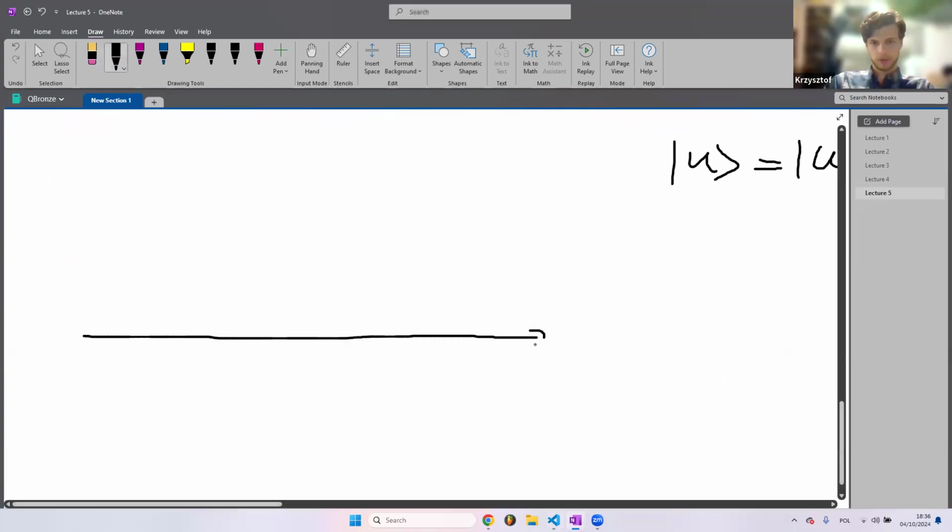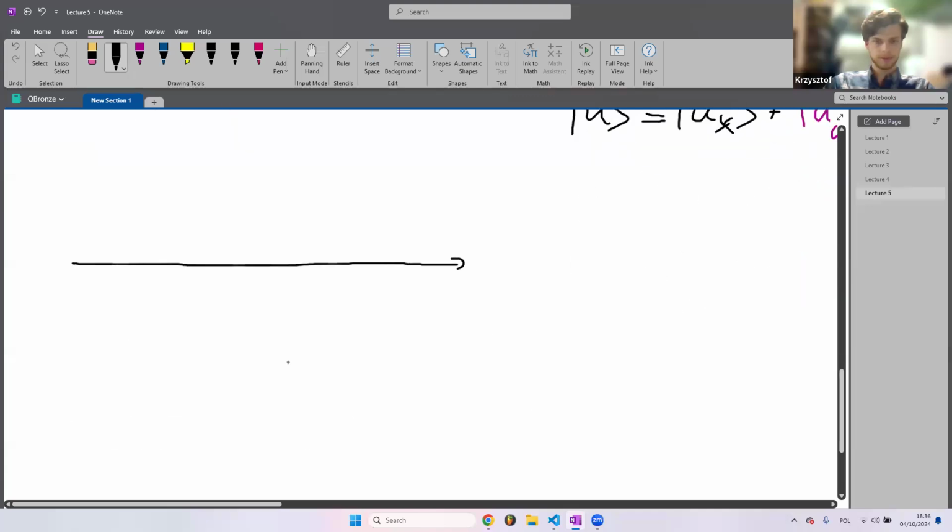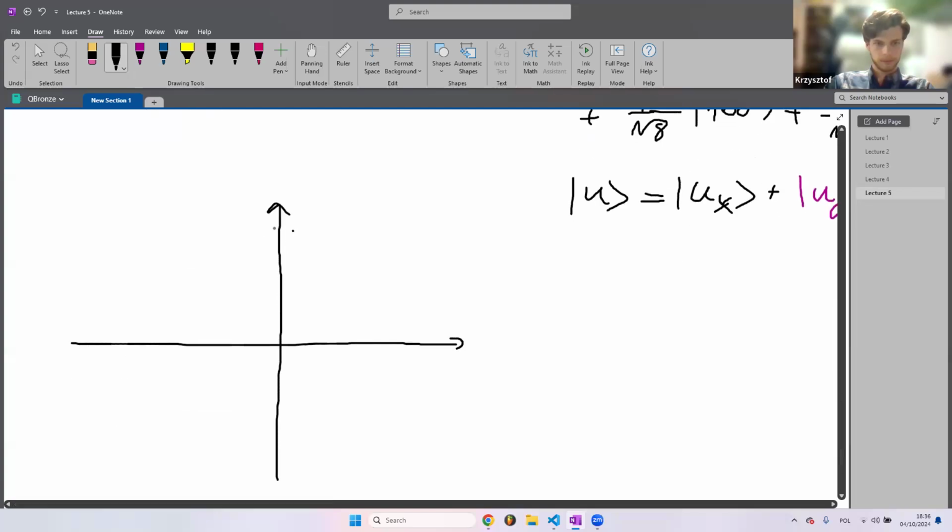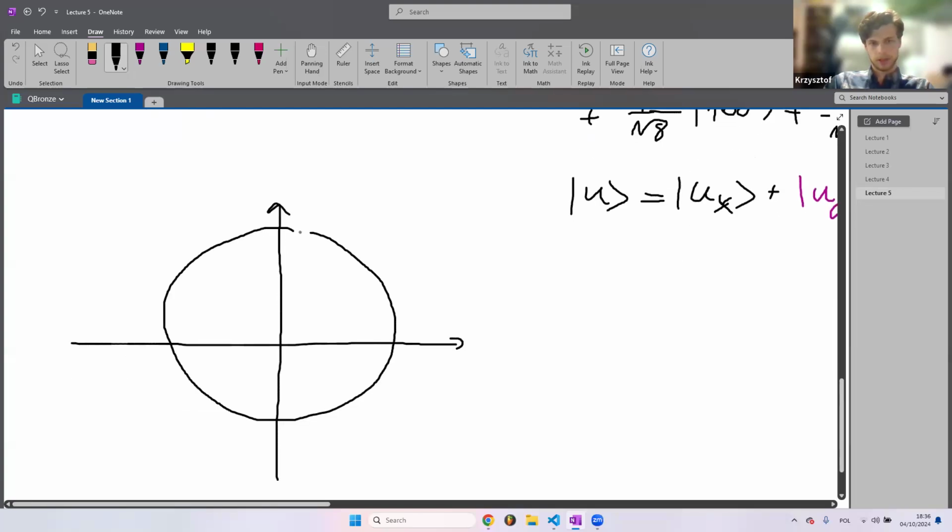So we will draw a unit circle. Hopefully I will get this right. And now our unmarked vector will be here, and our marked vector will be sitting here.